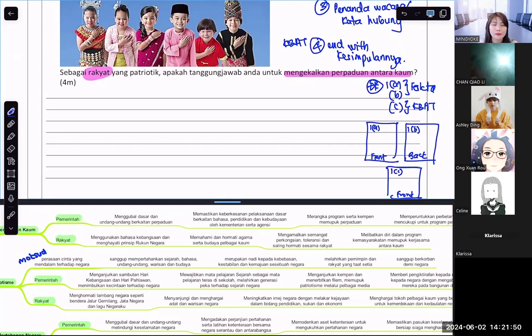Why? Because there is no need to estimate how many lines you need to leave empty. I tell you, in the exam, the most important thing is focus. Don't multi-think so many things. If you think so many things, it will confuse your brain and you will panic.